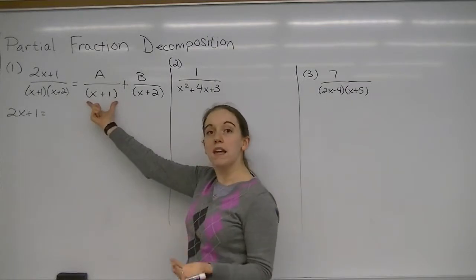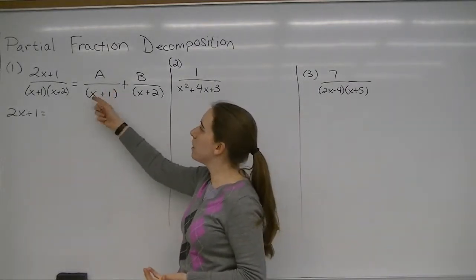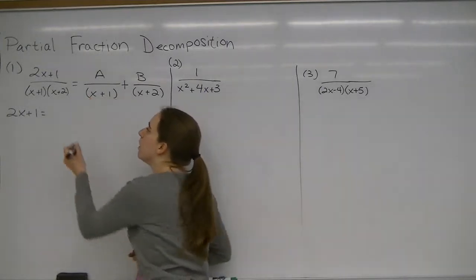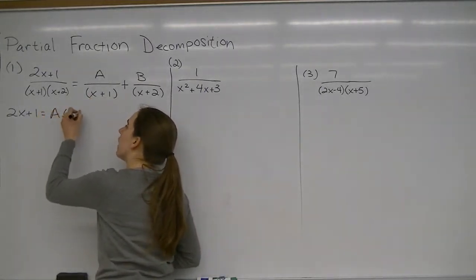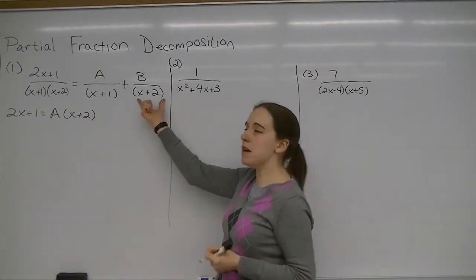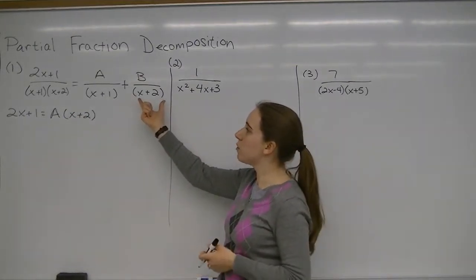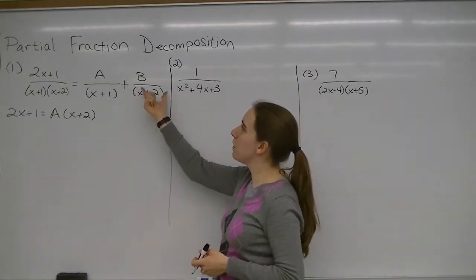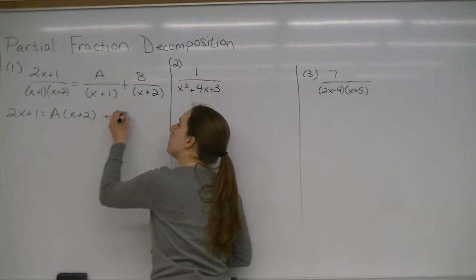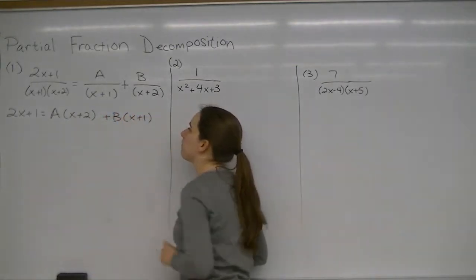If I multiply here, the x plus 1 that I'm multiplying by will cancel with this x plus 1, so what's left over is A times x plus 2. Then finally, with this piece, when I multiply times x plus 1 times x plus 2, the x plus 2's will cancel. I'll be just left with B times x plus 1.